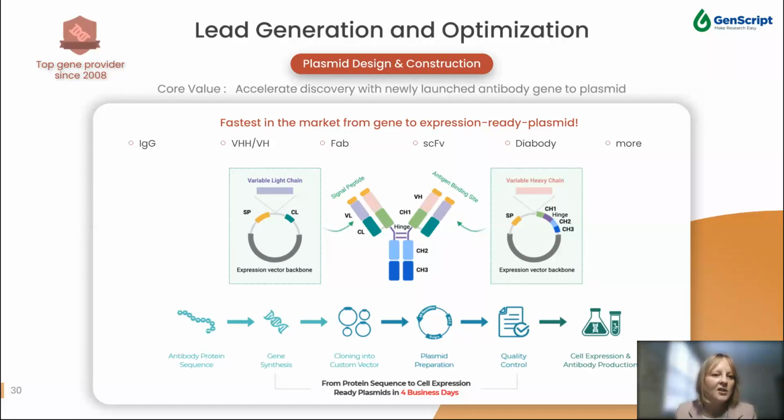This is directly on our website and includes a sequence template in order to enter your variant light and heavy chain sequences. It supports multiple formats, including VHH, Fab, diabody, and more are in progress. Ultimately, the customer is going to receive expression-ready plasmids that are ready to go with their work.